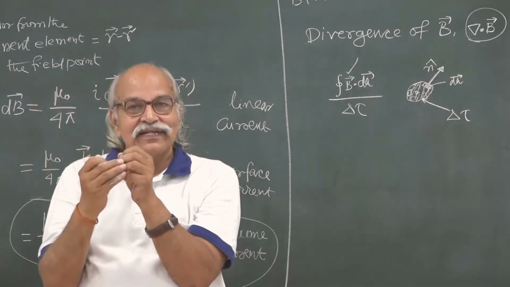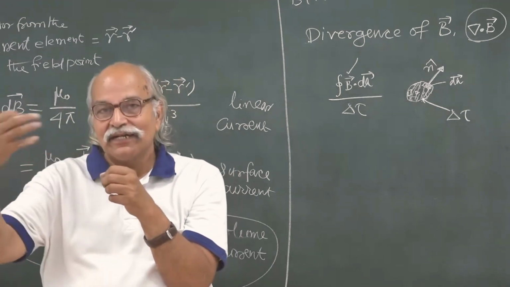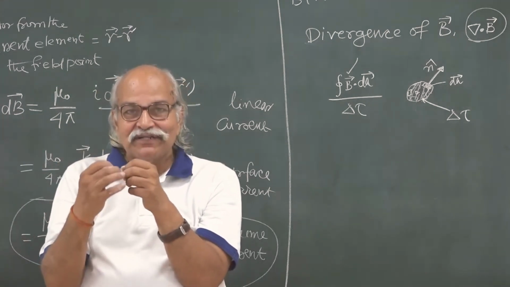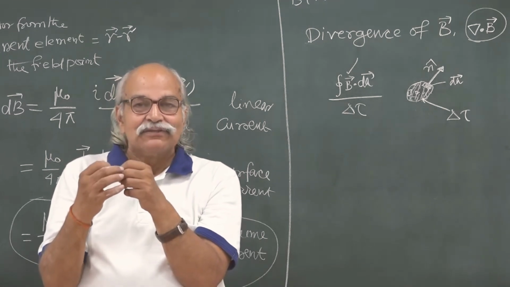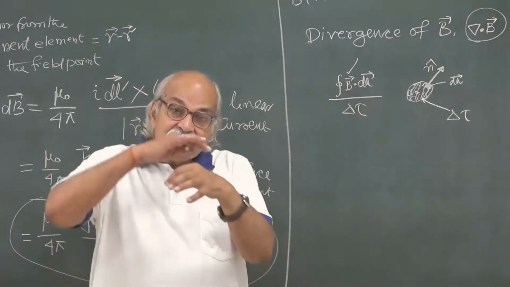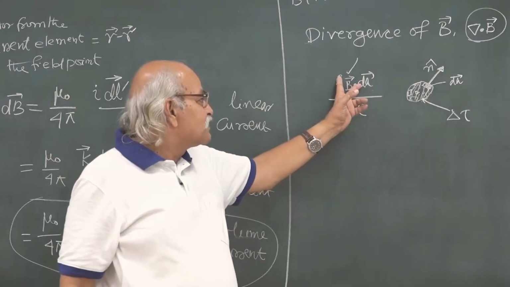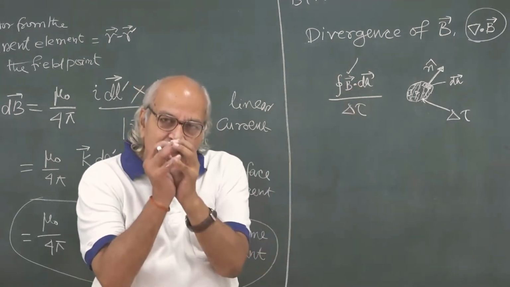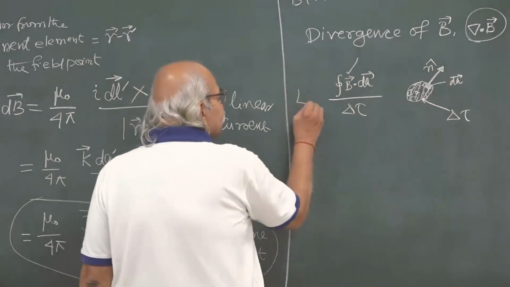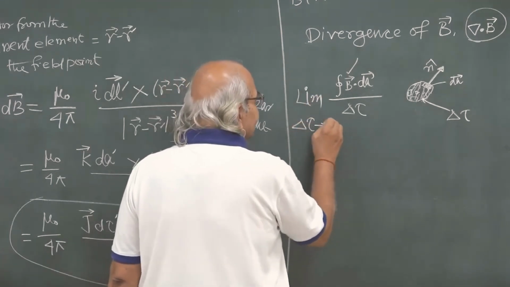There you construct that small vector area, the perpendicular outward normal is the direction, and the actual area in whatever unit, millimeter square, micrometer square. Then do this dot product B dot dA and add it over the entire surface. That is this numerator, and divide it by the whole volume which you had constructed. Now take the limit of this as this delta tau tends to 0.